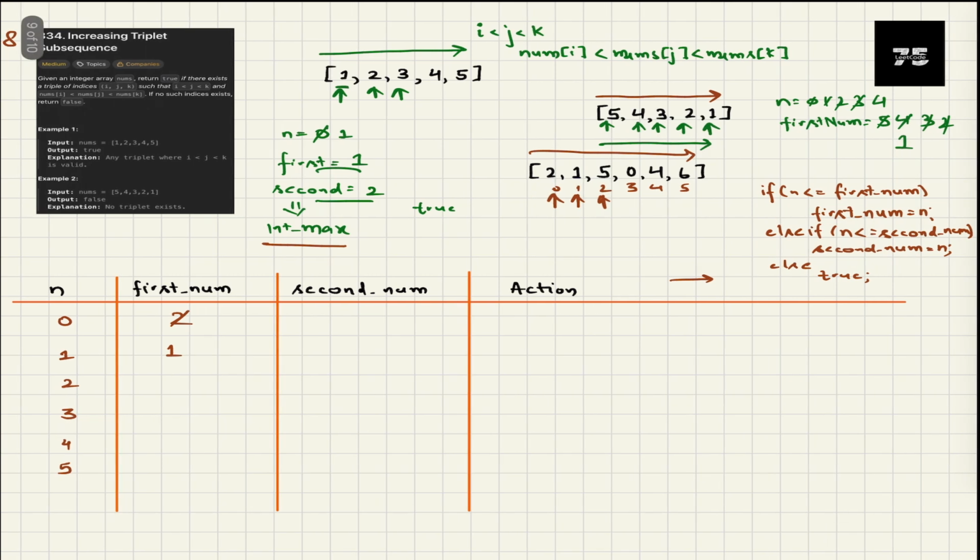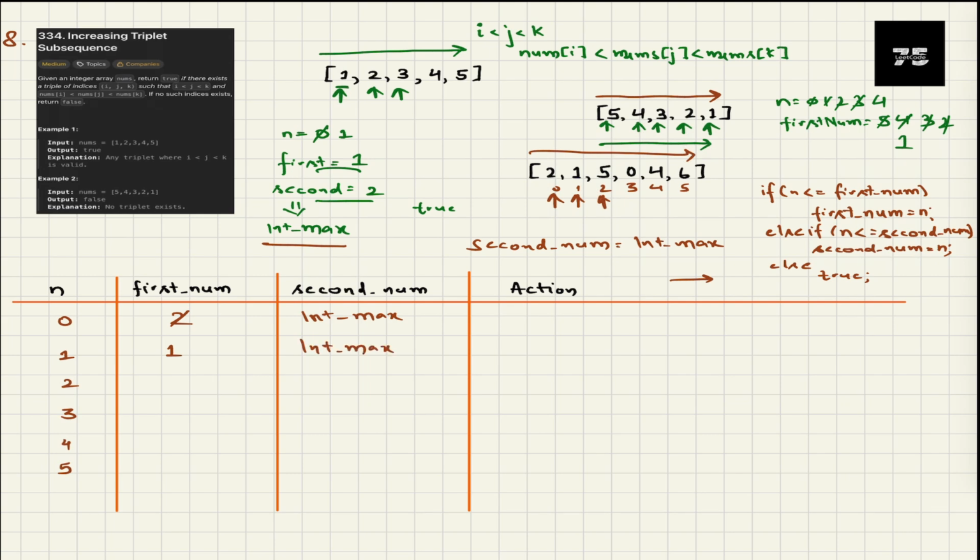Is it less than first num? No, it is not. Is it less than second num? We know second num is still at int max. So I can just write their initial values as int max. Here also it was int max.